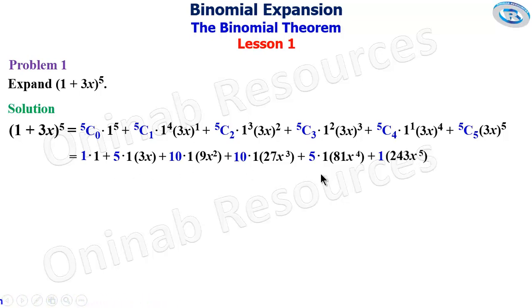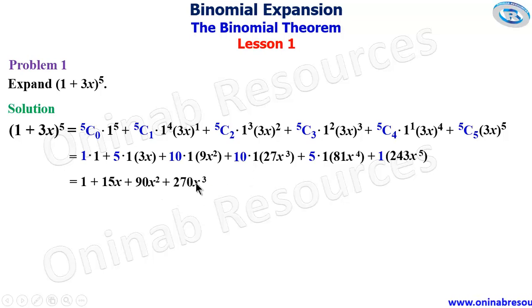So we then simplify to get the final coefficient. 1 times 1 gives 1. 5 times 3 gives 15. Then we have it as 15x. This is going to give us 90x squared. So we have it as plus 90x squared. Then this is 270. Because 27 times 10 gives 270.